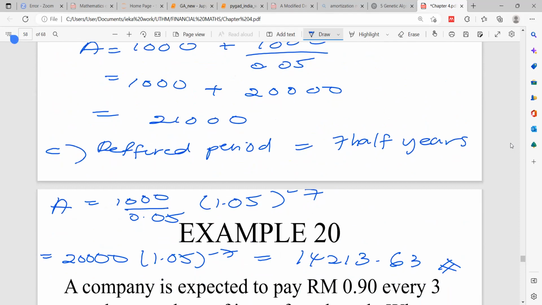Okay, if 4 years from now, it means that it has a deferred period of 7.5 years. So 1,000 divided by 0.05, times 1.05 to the power of -7. So the money needed for the first scholarship to be provided is 14,213.63.